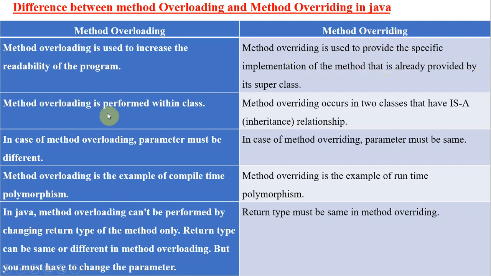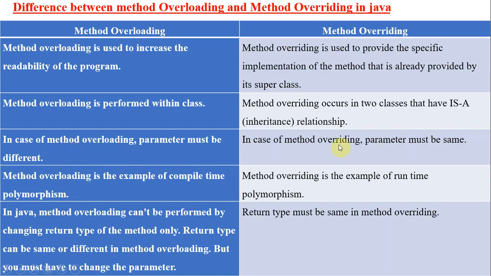Method overloading is performed within a single class, whereas method overriding always requires an inheritance relationship. In method overloading, parameters must be different, and there is no consideration of return type. In method overriding, parameters must be the same. Method overloading is an example of compile-time polymorphism, meaning it happens before running, whereas overriding is runtime polymorphism.